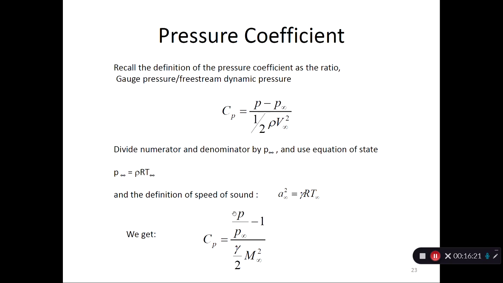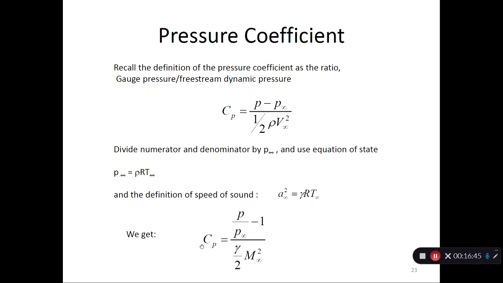So that's what we'll get in the denominator. You'll get a rho infinity in the denominator, and a P infinity. Express P infinity in terms of rho infinity and T infinity, so rho infinity will cancel out. Replace RT infinity as gamma RT infinity over gamma. Then you will pick up Mach number.